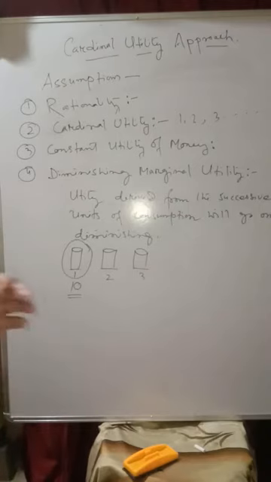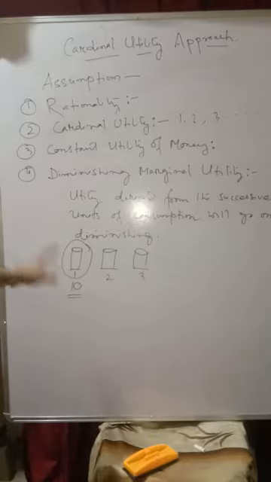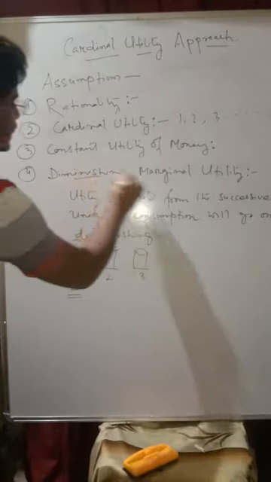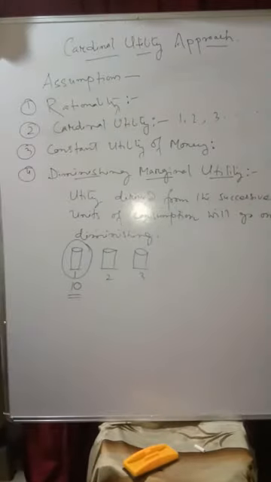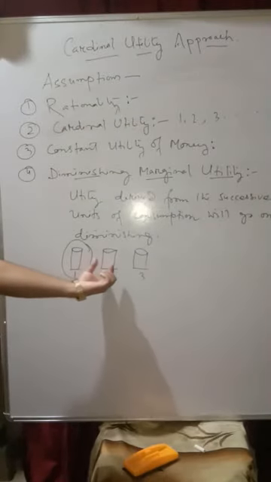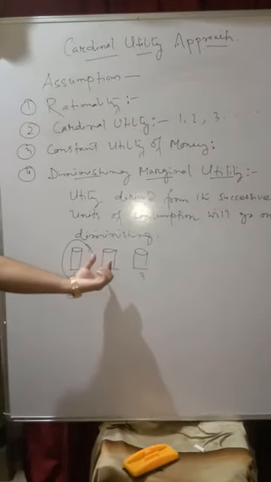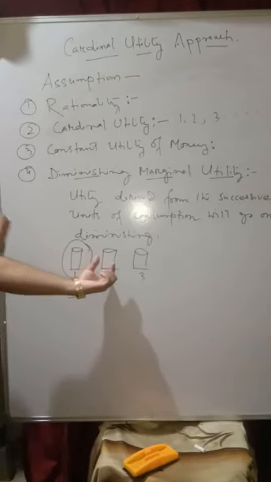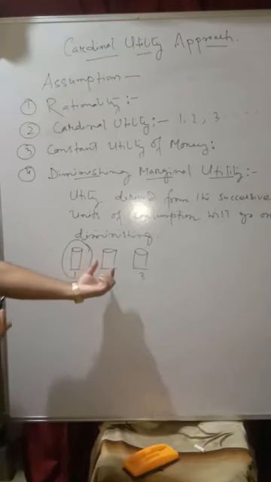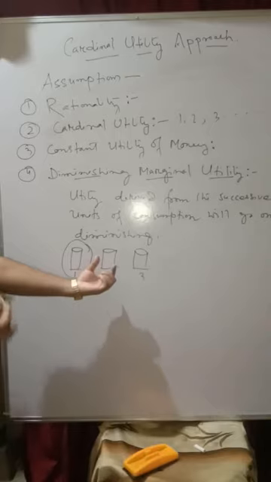Under the diminishing marginal utility assumption, when he consumes the second glass of water, his marginal utility, that is the additional utility from that second glass, will go on diminishing.